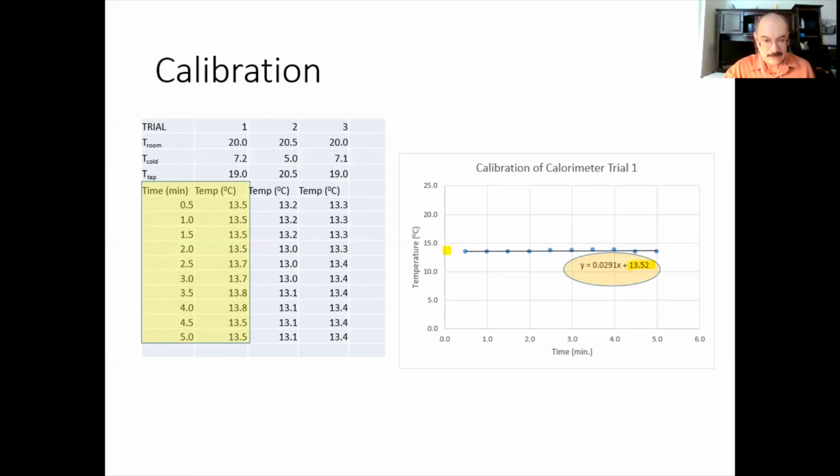Now remember, our temperatures are only good to about 1 decimal place, so I cannot put in 13.52. I'm going to simplify this to 13.5, and then I'm going to repeat this graph with trial 2 and trial 3, so you'll have 3 graphs, and then you'll put down what are the calculated final temperatures in. Okay?